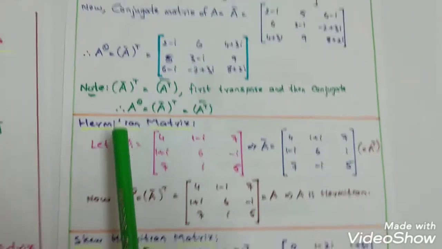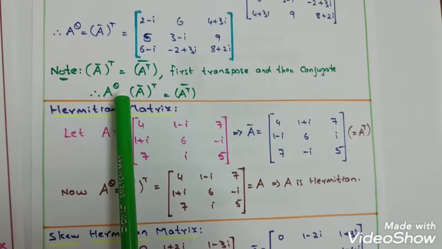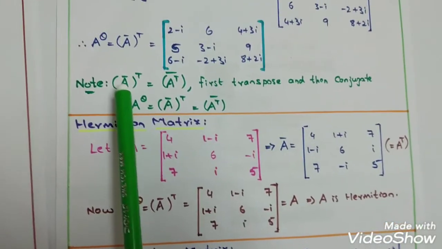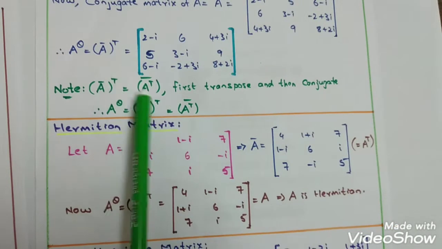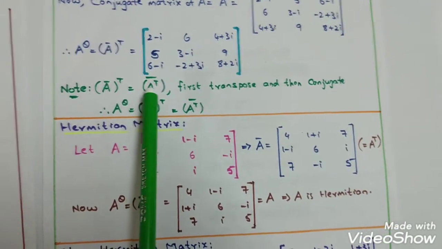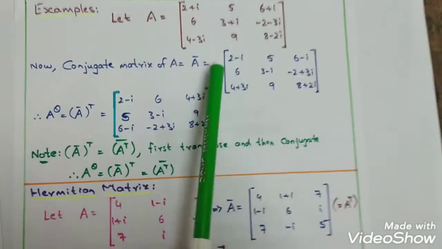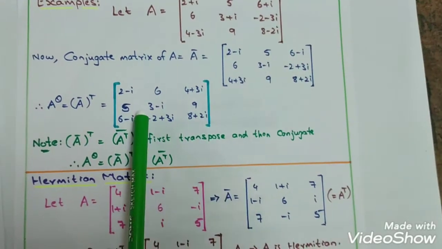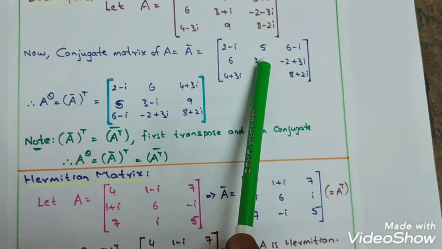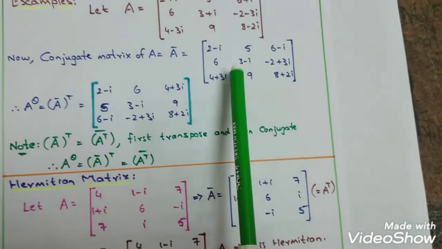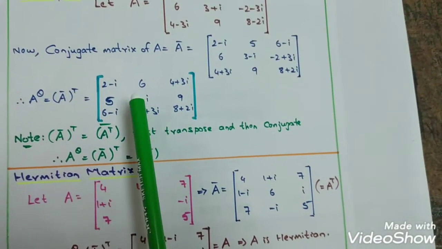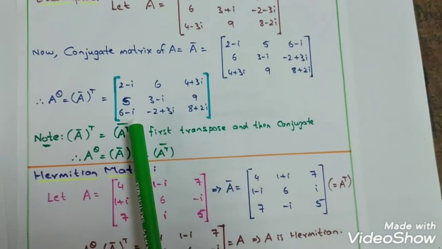Now if you observe here, the transpose of the conjugate is also equal to the conjugate of the transpose. That means here we have found the conjugate matrix and then the transpose, isn't it? First you can transpose and then find the conjugate, then also you will get the same answer.